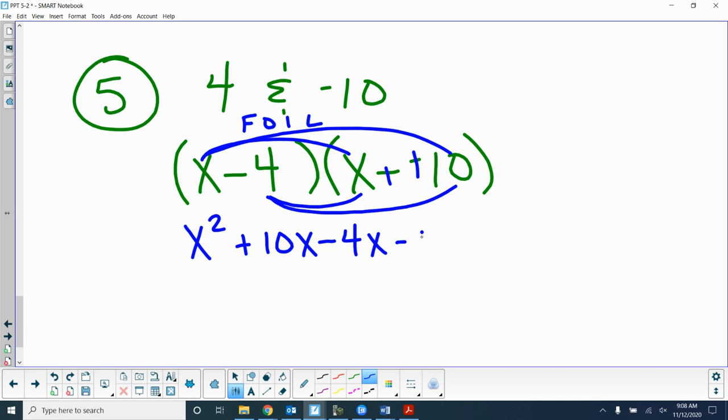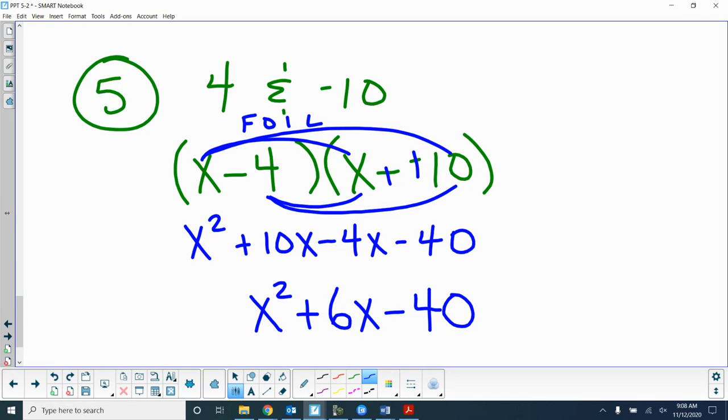Last, negative 4 times 10 is negative 40. We get x squared plus 6x minus 40. That's what I'm looking for. Some of you didn't quite do that. Any questions?